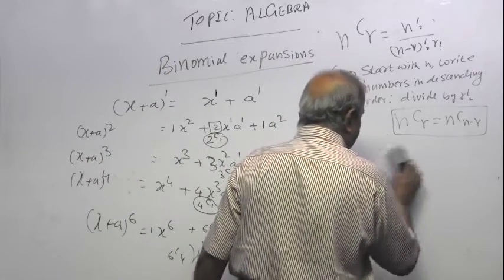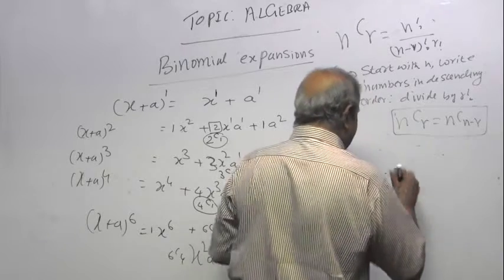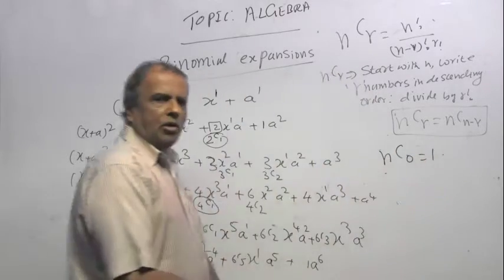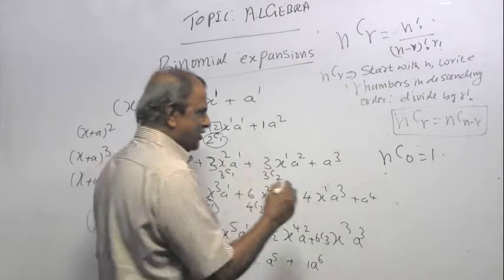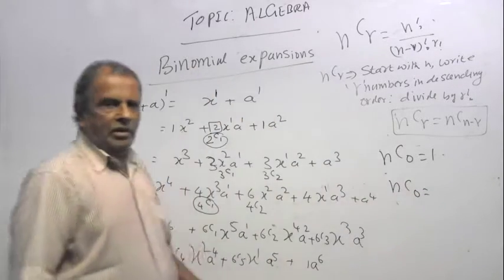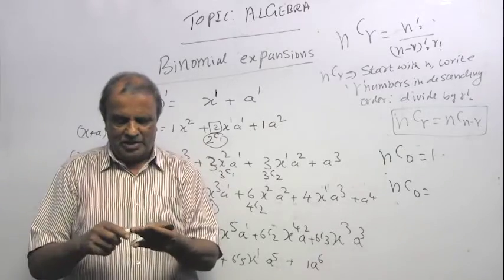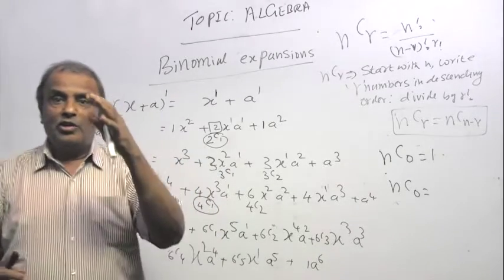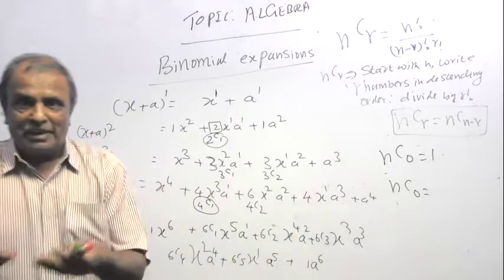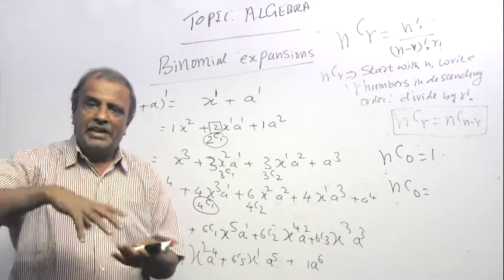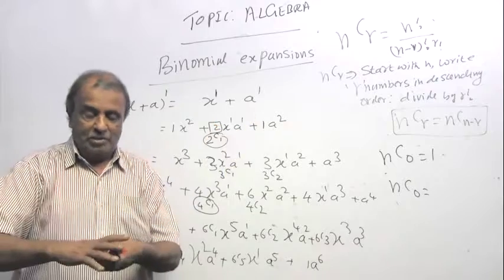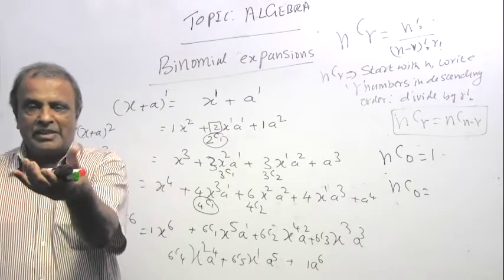NC0 is 1. Why? Very interesting. NC0 is 1. Now, why is it? Very interesting fact there. What is NC0? Number of ways in which you pick nothing. 0 is nothing. Nothing from a set of n things without repetition. Picking 0 at a time without repetition. So these are n things.